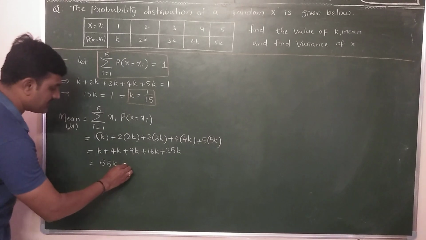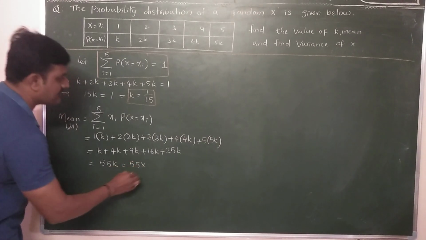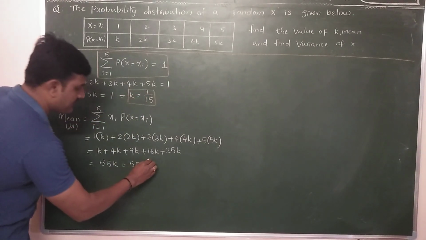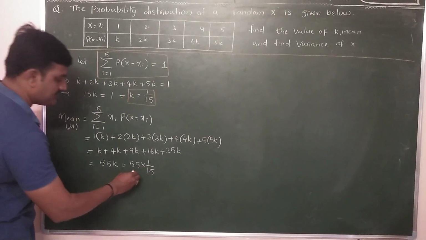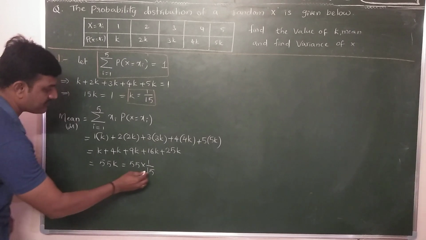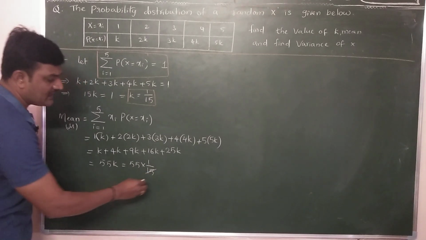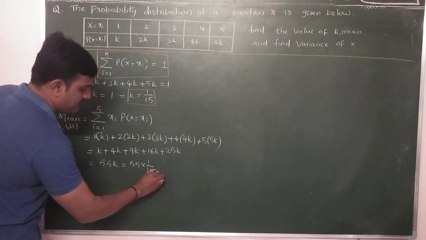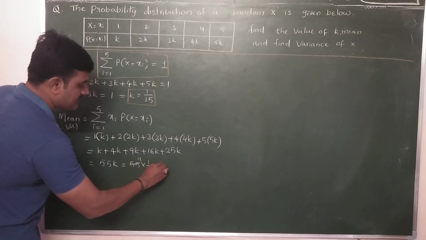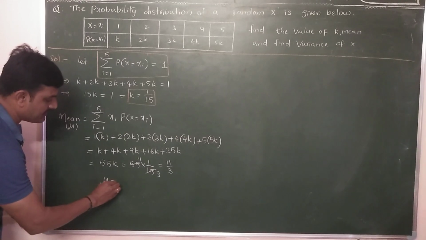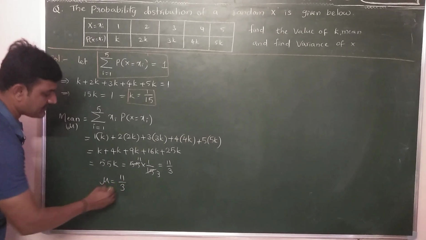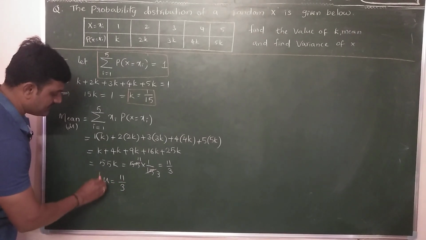Actually k equals 1 by 15. Then 55 by 15, we can cancel like this: 5 threes are 15, 5 elevens are 55. So mean equals 11 by 3. It is the mean value.